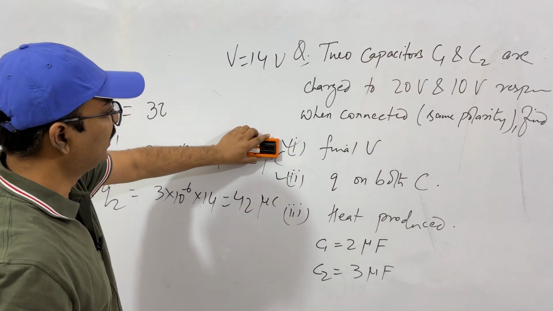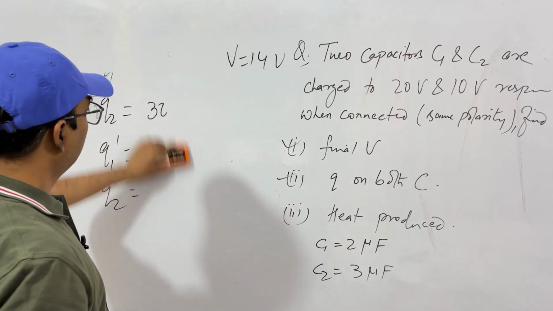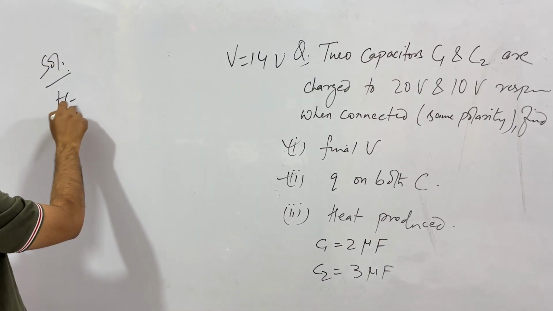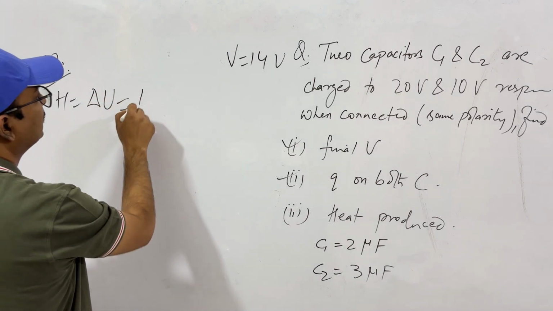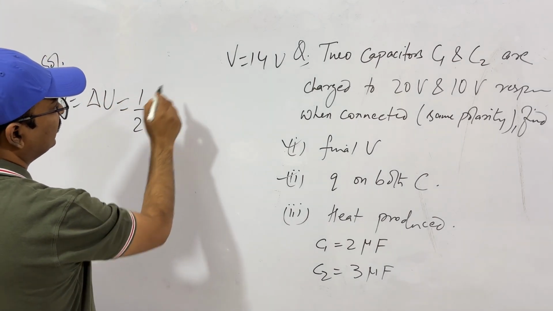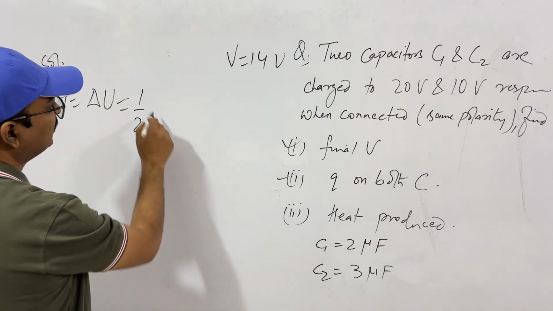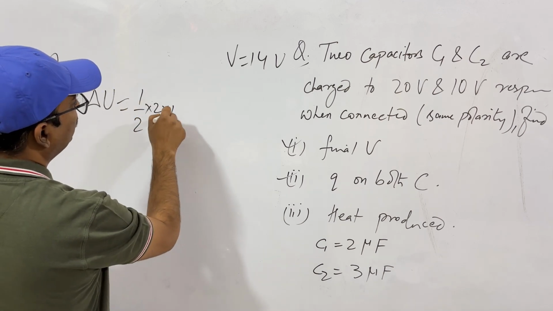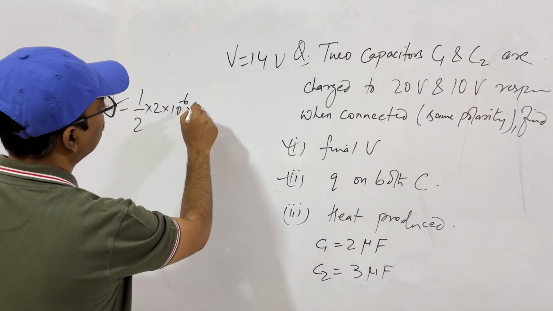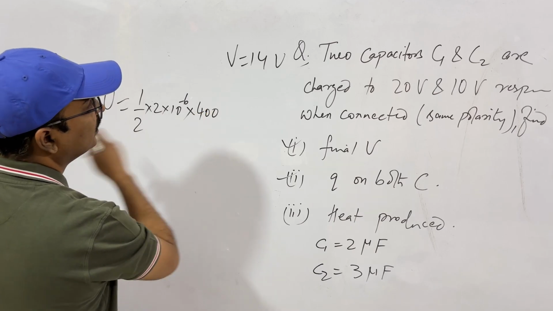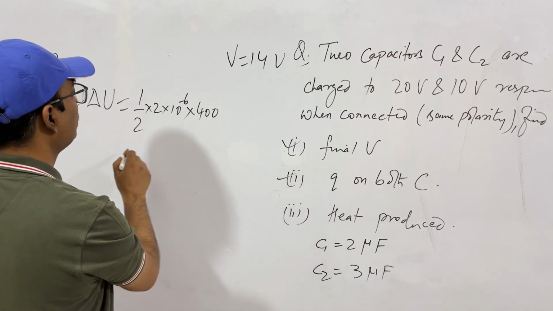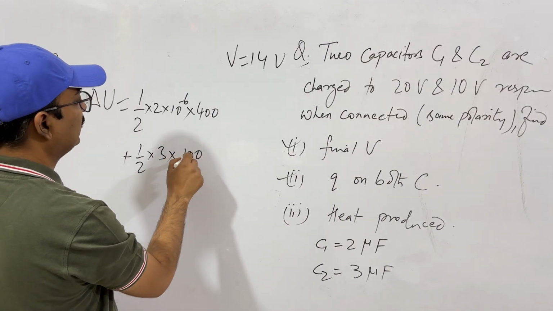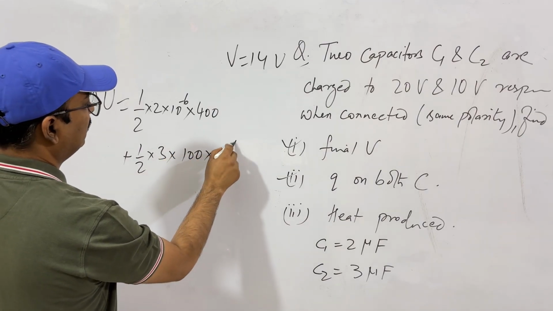What is heat produced? Heat produced is the difference in potential energy. So heat is basically the difference in potential energy. Initially, half C1 V square, C1 was 2, so half into 2 into 10 to the power minus 6 into 20 into 20, 400, plus half into 3 into 10 square, 100.